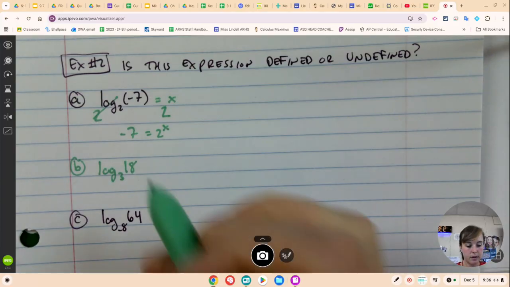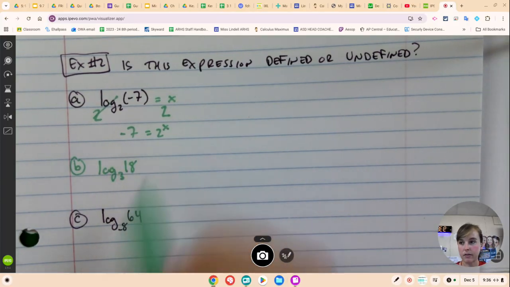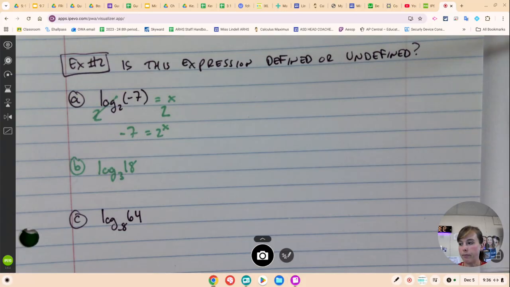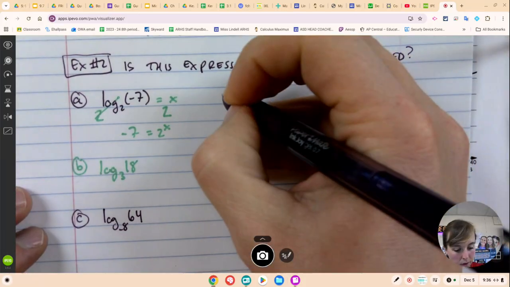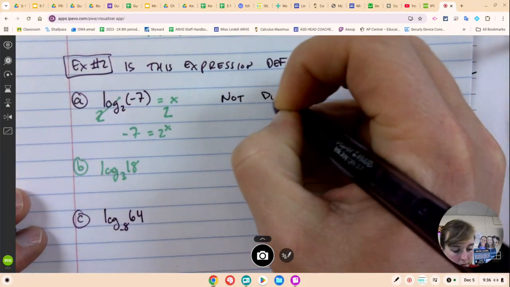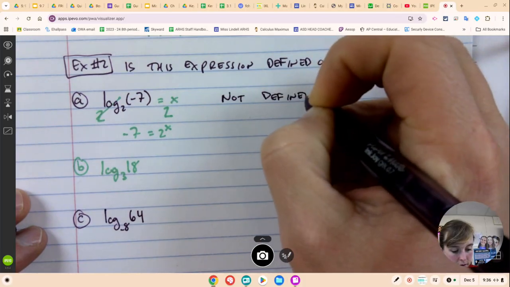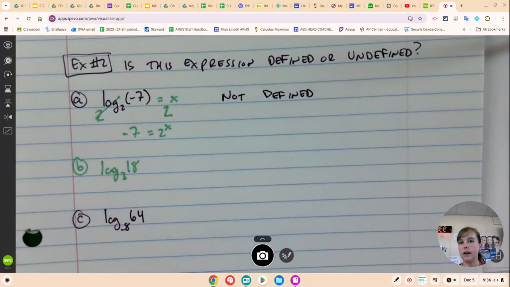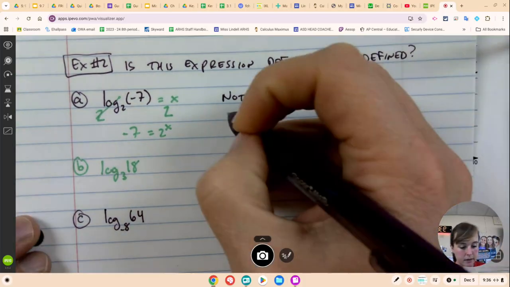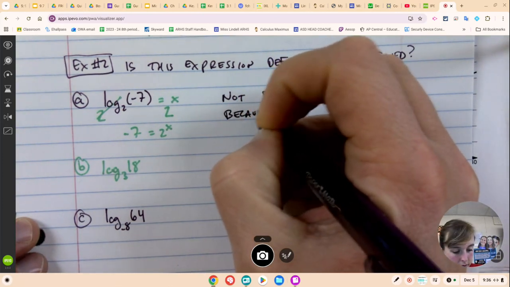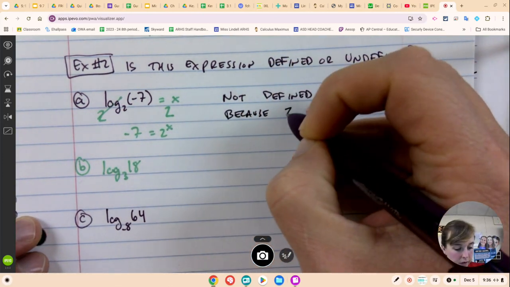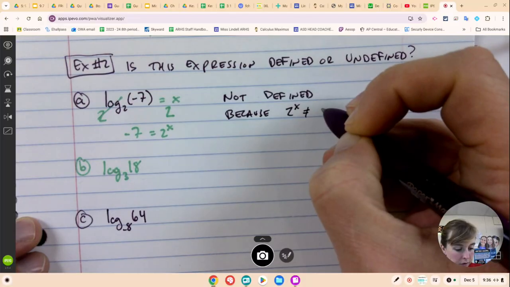So, in short, this expression does not have any solutions. So we would say that this expression is not defined. You can say it's undefined, because one reason we could give is 2 to the x is never going to equal -7.